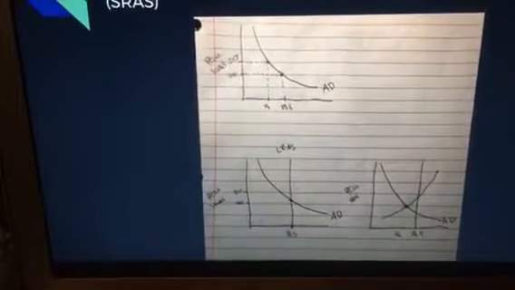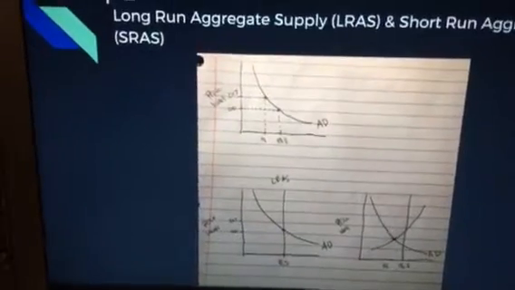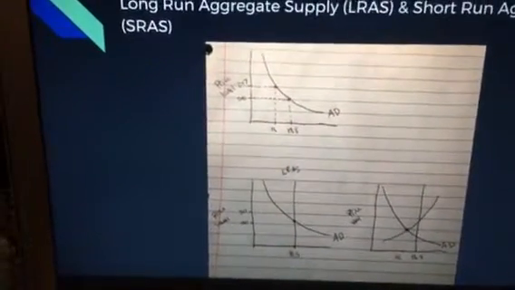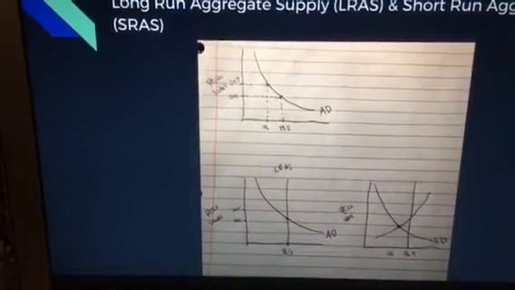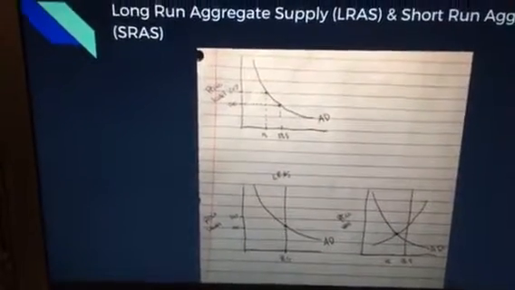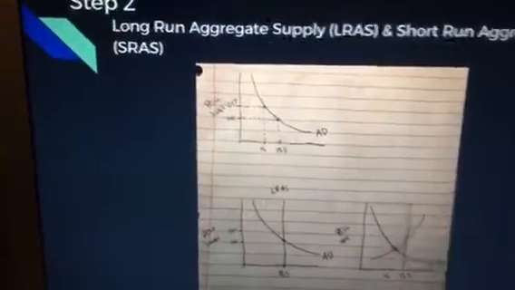Now I added a long run aggregate supply line of 18.5 trillion here. And to demonstrate a recession of 500 billion, I added in a short run aggregate supply curve, which is here.